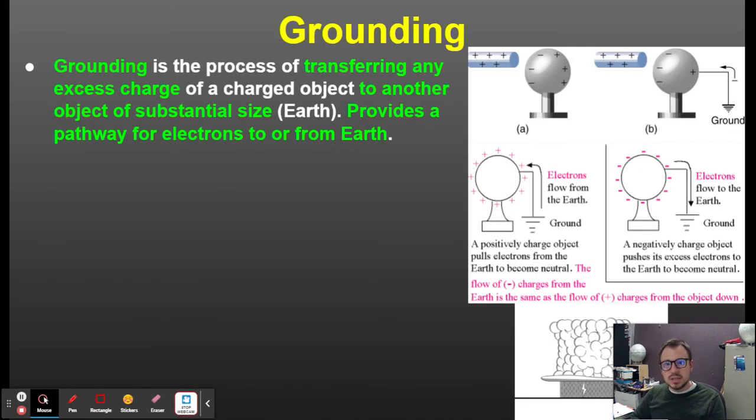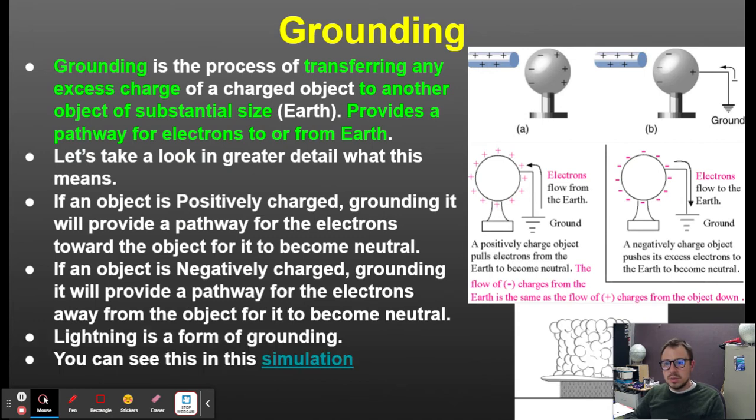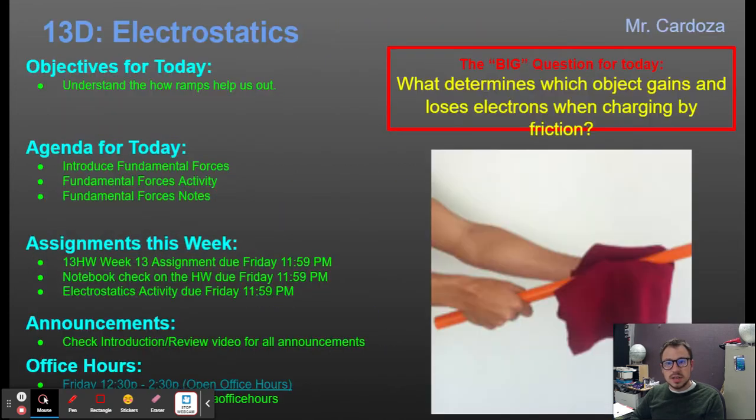Well, grounding is a process of transferring any excess charge of a charged object to another object of substantial size, which is Earth, which provides a pathway for electrons to or from Earth. You can ground either positive or negative. If it's positive, electrons flow from the ground to the charged object. If it's negative, it provides a flow of electrons away. And lightning is a form of grounding, and you can see that in that simulation.